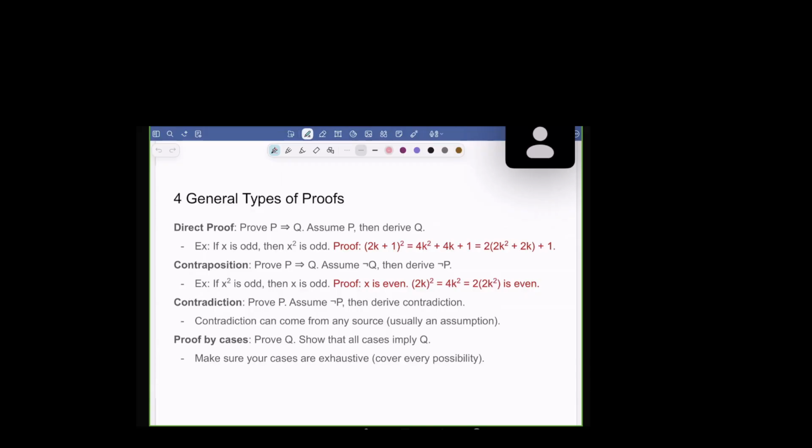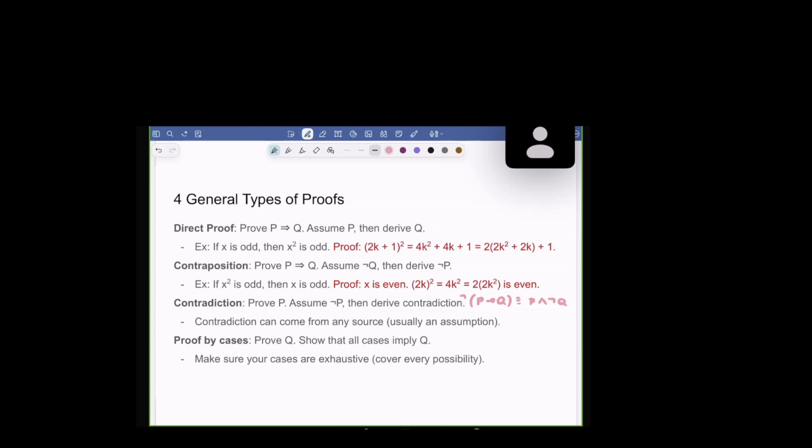Contradiction: to prove P, assume not P, then derive a contradiction. Here, I like writing it out as, sometimes they ask you to prove P implies Q. Then the negation of this, if you use all the definitions we talked about before, is actually equivalent to P and not Q. So this is the thing you assume if you want to prove P implies Q using a contradiction, right?